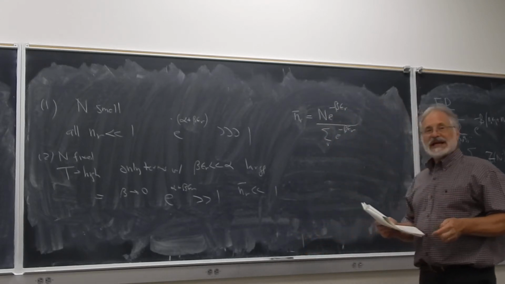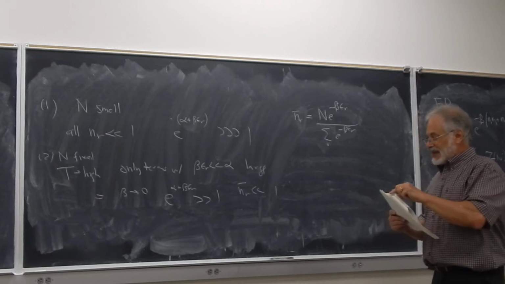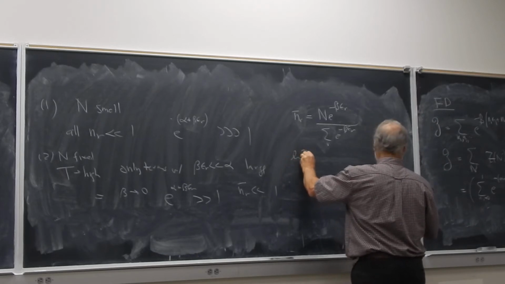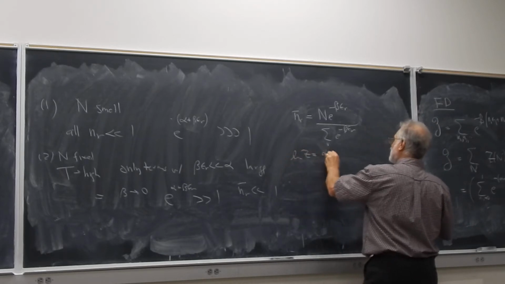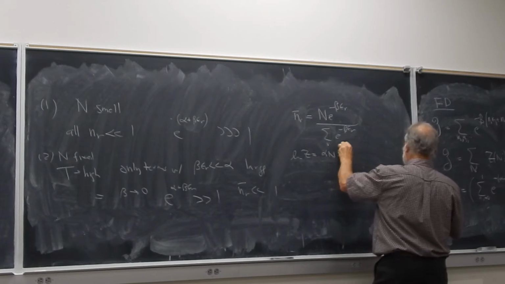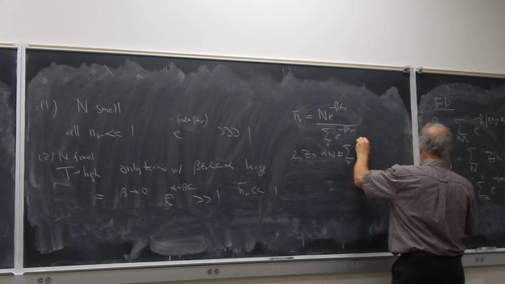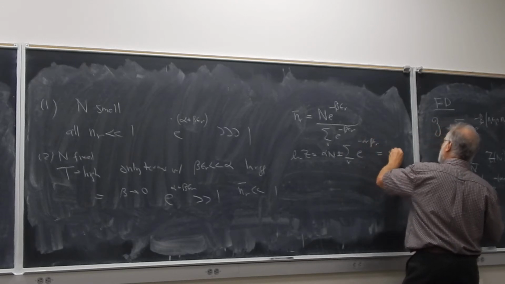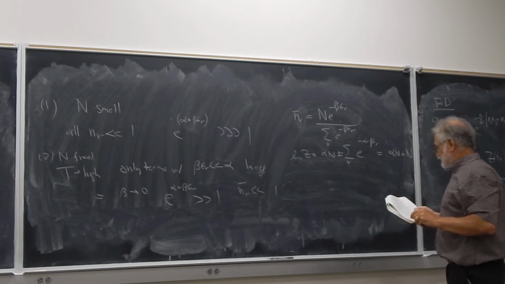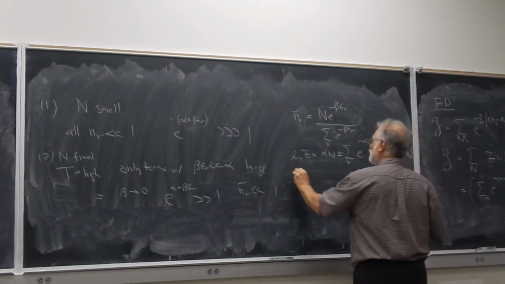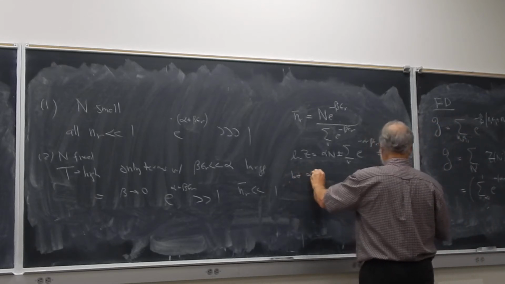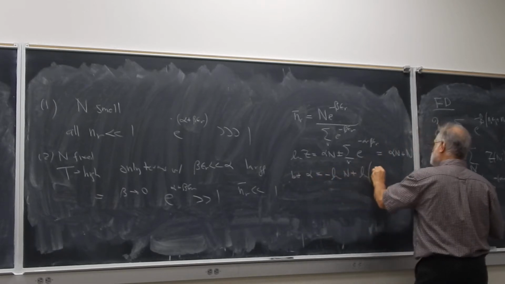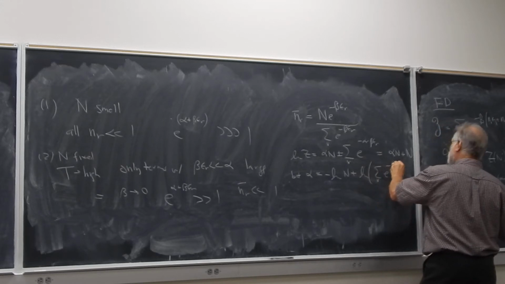Gets a little bit more interesting. Let's examine the partition function and expand the logarithm. So, log z is equal to alpha n plus or minus the sum over r of e to the minus alpha minus beta e sub r, which I can write as alpha n plus n. But alpha is equal to minus log n plus log of the sum over r of e to the minus beta e sub r.